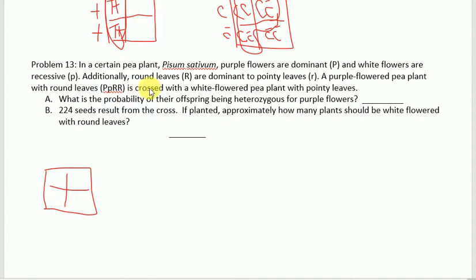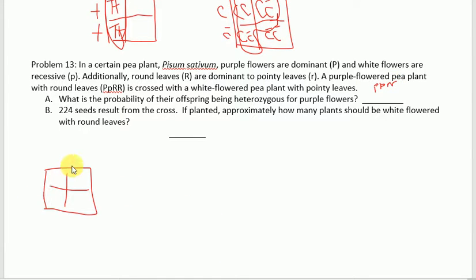They did not give us the information about the white flowered pea plant with pointy leaves. So the first thing that we need to do is figure that out. So we know that if it is white, then it's going to be lowercase p, lowercase p. And if it has pointy leaves, it's going to be lowercase r, lowercase r.